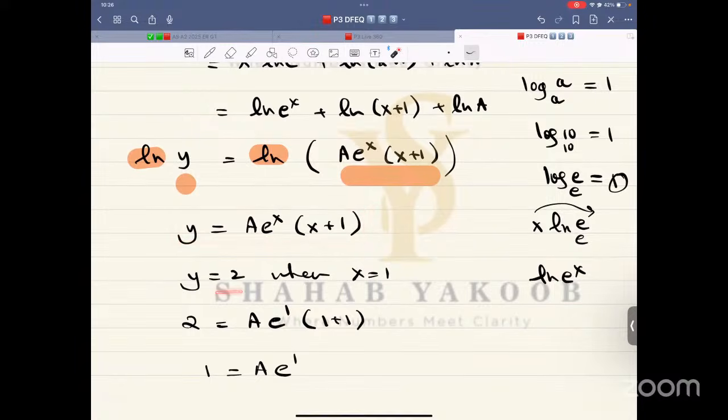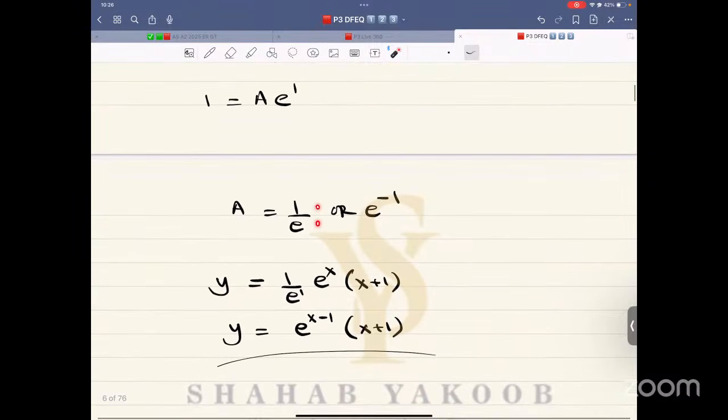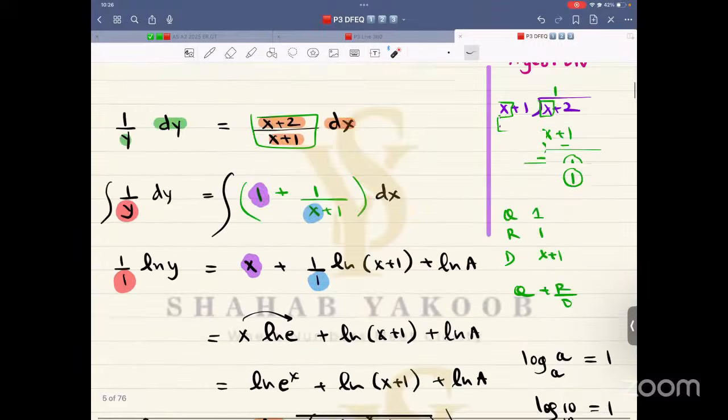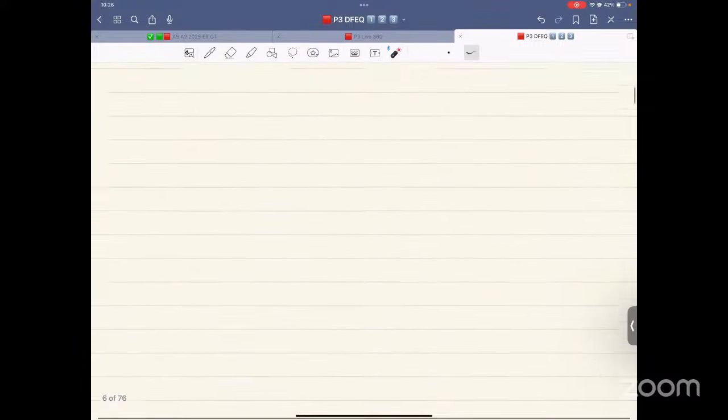Plug in the condition. Now this is called a general solution. When you plug in the conditions, the x and y coordinates, you find the value of the unknown constant, which is 1 over e. Replace it back, you find y in terms of x. If it asks you to find an expression for y in terms of x, you will do it. Otherwise, you would leave it in raw form, just a bit simplified.